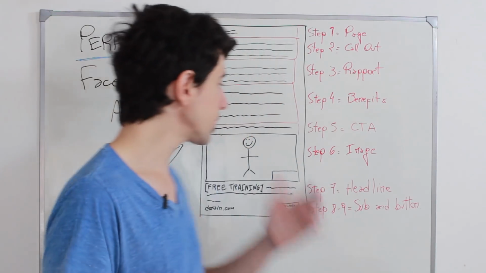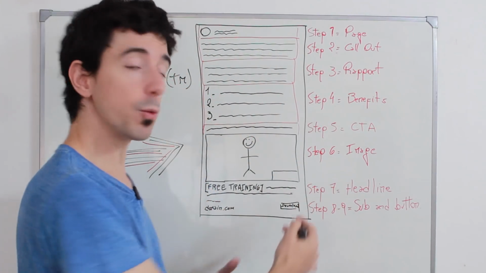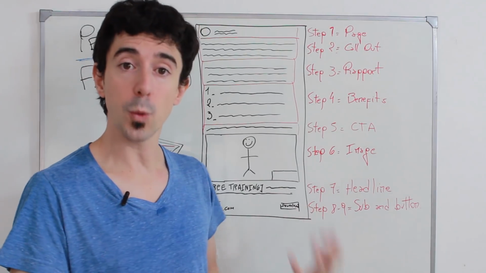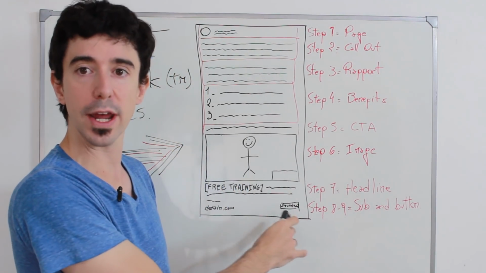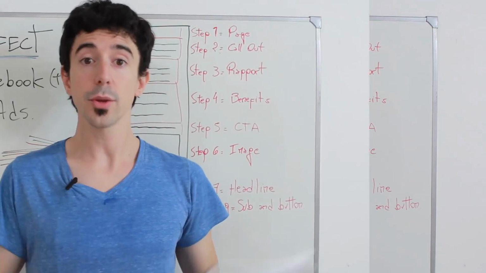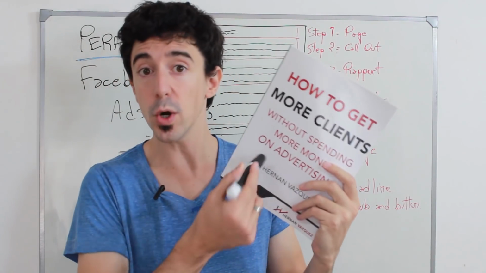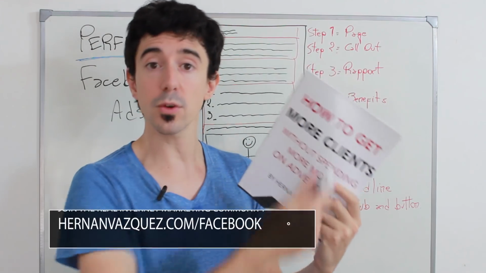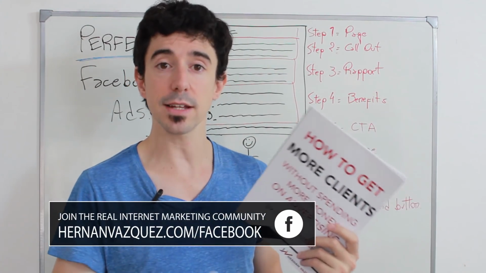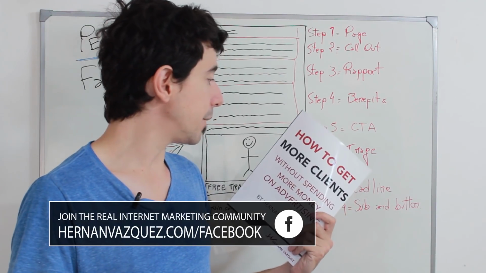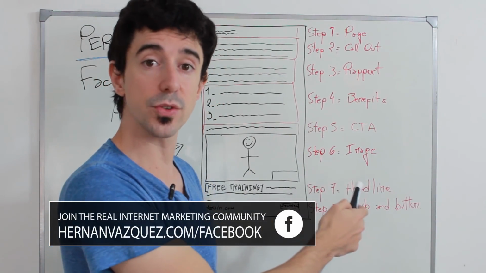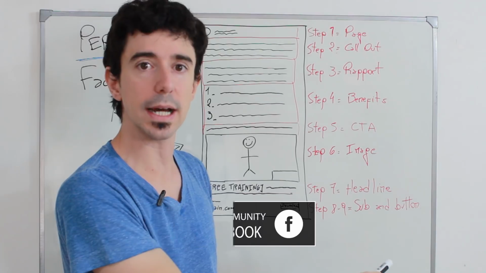All right. Now, step number 7 would be the actual headline, like, what are you offering them once again? So in this case, I put free training, blah, blah, blah. On the book, what I say is new book, right? New book, how to get more clients without spending more money on advertising. The headline needs to have a benefit, right?